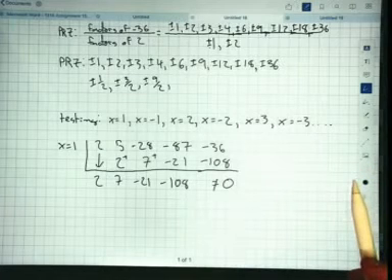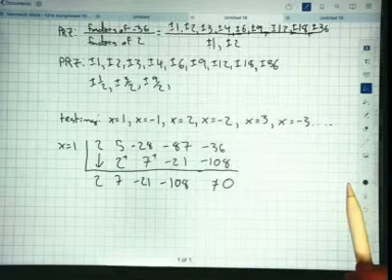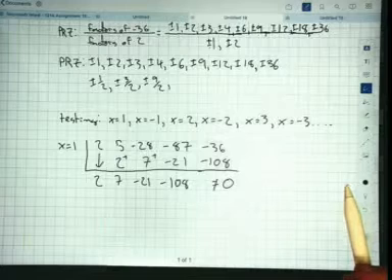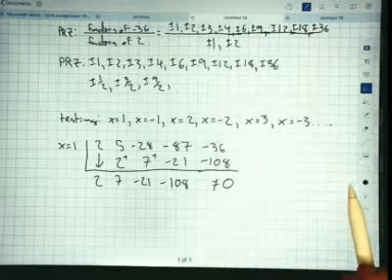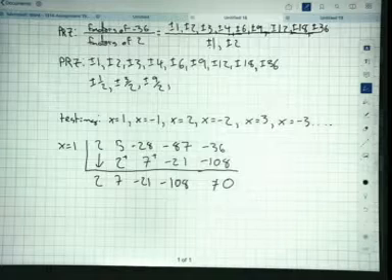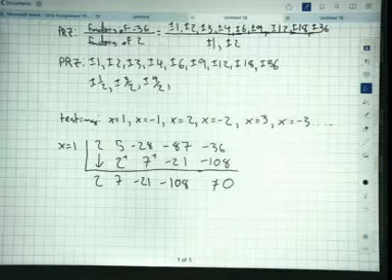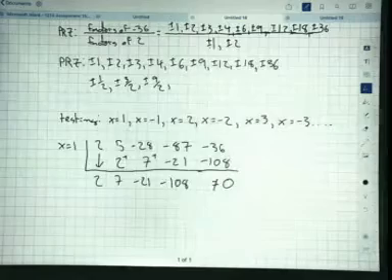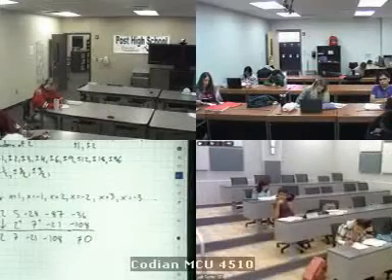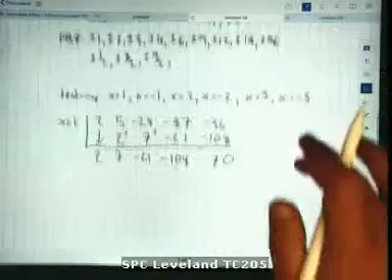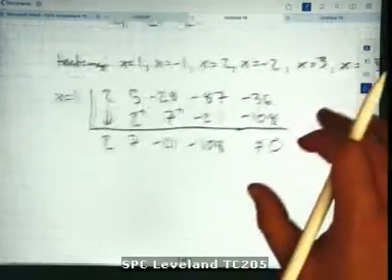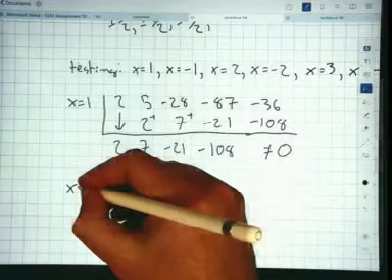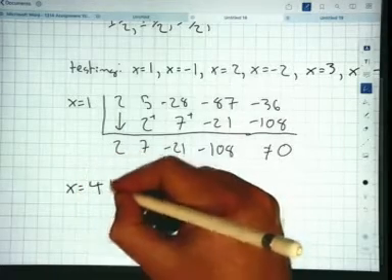Has anybody found a 0 of this function? X equals 4. All right, I agree. I mean, I'm looking at the answer key, but let's verify. X equals 4.